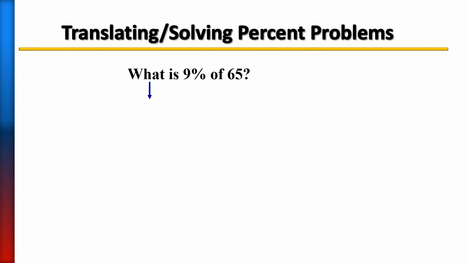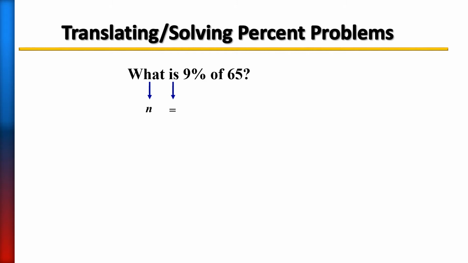Remember I said when you say what, that's some unknown number. We can use any letter of the alphabet we like, N or X. Is, remember I said every time you see is, that's where you insert the equal sign.